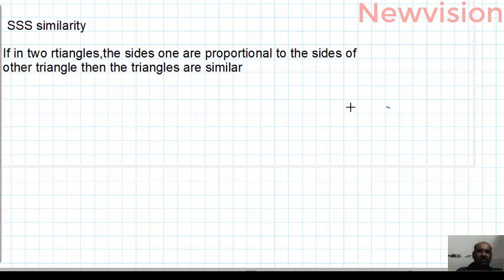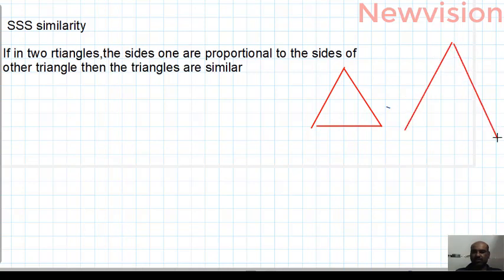First of all, I will draw the diagram here also. This is one triangle. This is another triangle. Let us assume that this is triangle PQR and this is triangle XYZ. First of all, the given data. What is given?